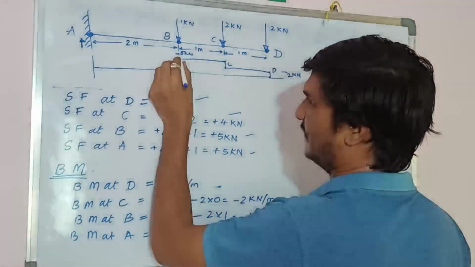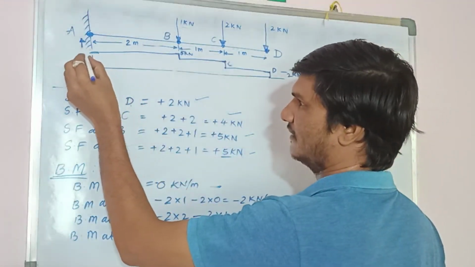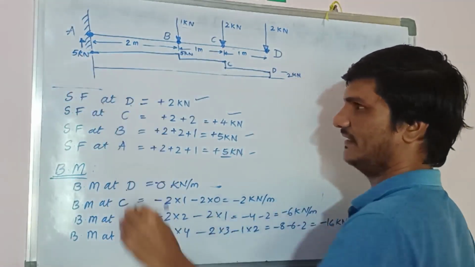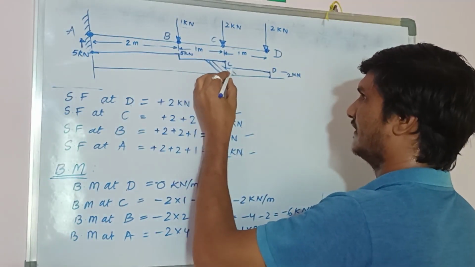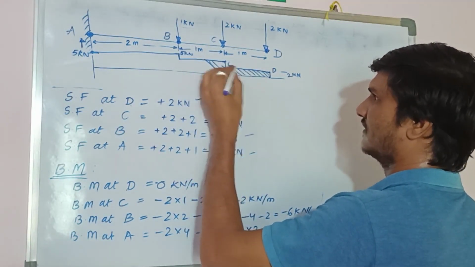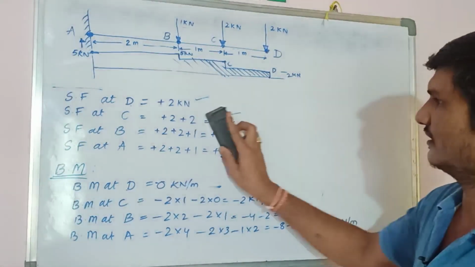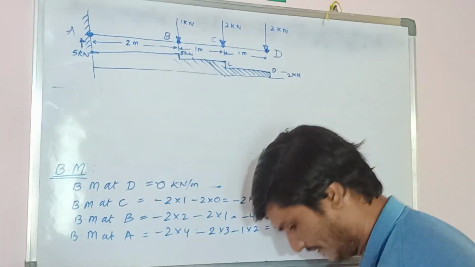Again B to A it is the same, uniform, so 5 kilonewton at A also. You can make the hatching. So this is about the shear force diagram. Now similarly you can draw the bending moment diagram.